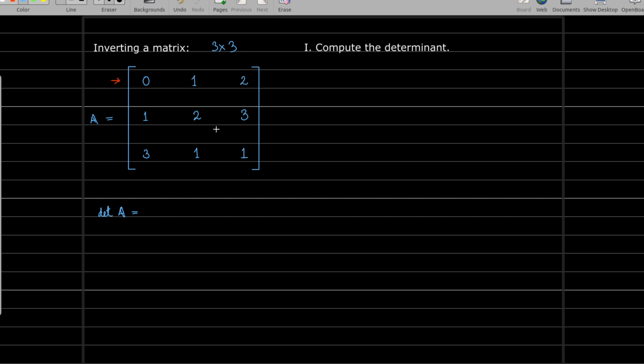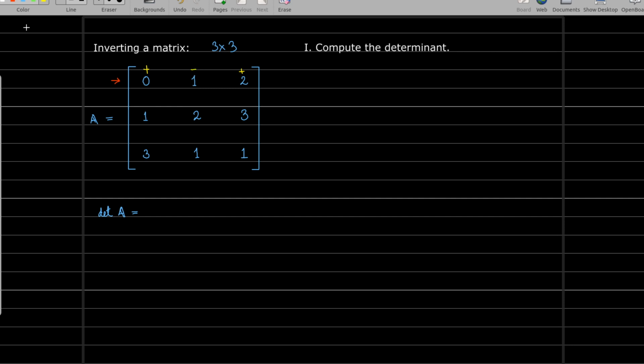For the other two elements, of course, we'll have to take into account the sign which I was talking about when we were finding the cofactors. The sign associated with these places is a plus, a minus, another plus, and similarly minus, plus, minus, but we are not going to use that.